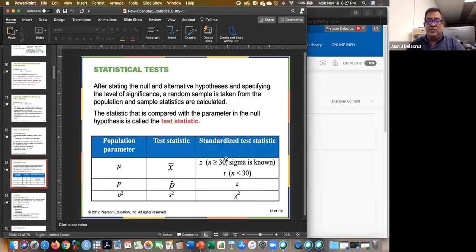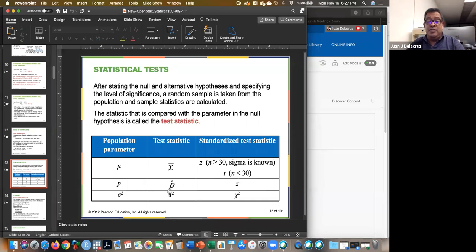We did that before. For the sample mean, we use the Z-score when the sample was bigger than 30 and/or sigma was known. We use the T distribution when the sample was less than 30 and we did not have any information on the population standard deviation.